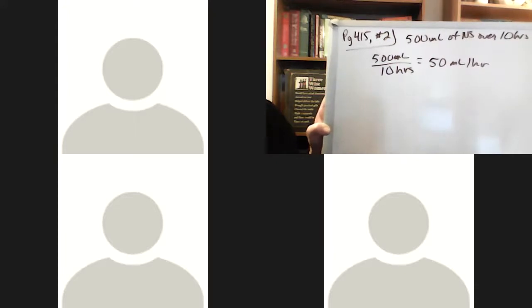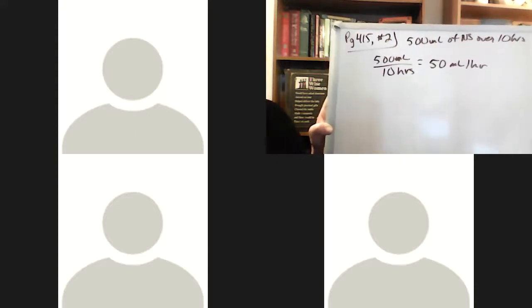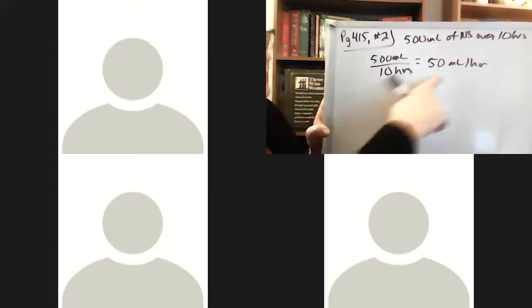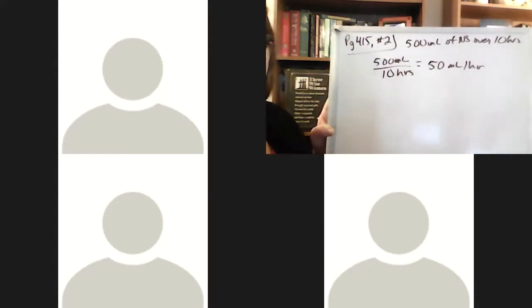It says rates can also be presented as an amount of medication delivered per hour or per minute. So if it's 50 milliliters per hour, how many milliliters per minute would that be?